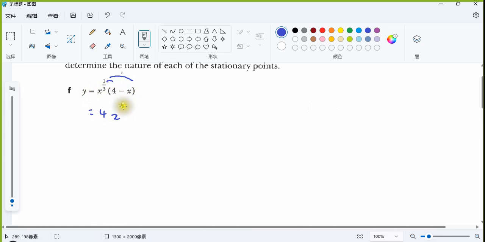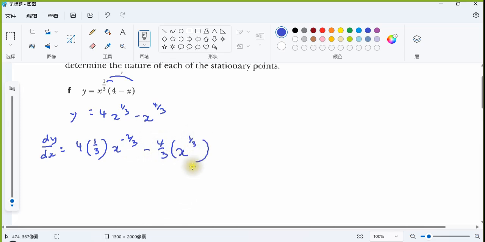So 4x power 1 over 3 minus x power 4 over 3. So the dy/dx will be 4 times 1 over 3 x power negative 2 over 3 minus 4 over 3 x power 1 over 3. So it is 4 over 3 x power negative 2 over 3 minus 4 over 3 x power 1 over 3.